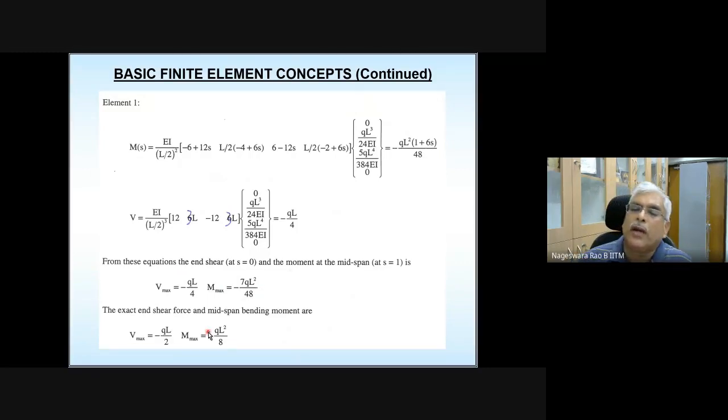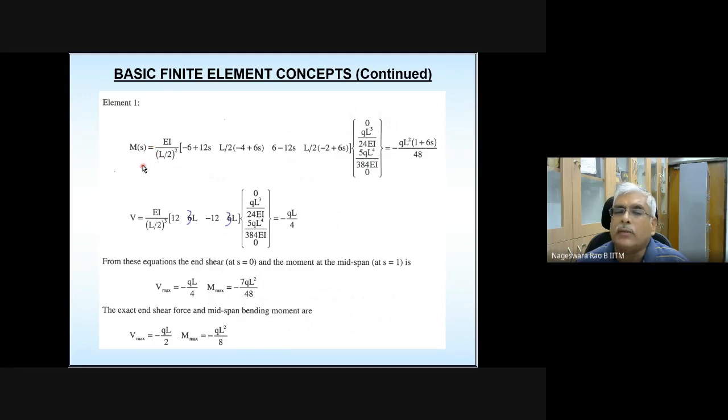So that is one way of achieving a solution which matches the exact solution very well. But that is not a smart way of doing it. If you keep on increasing the number of elements, your computational cost is going to increase. There is a way to do it, and that is a simple technique.